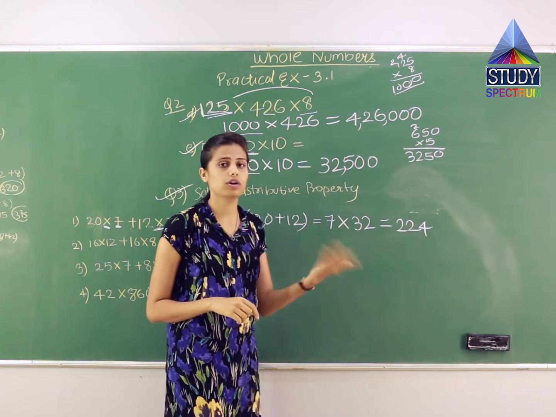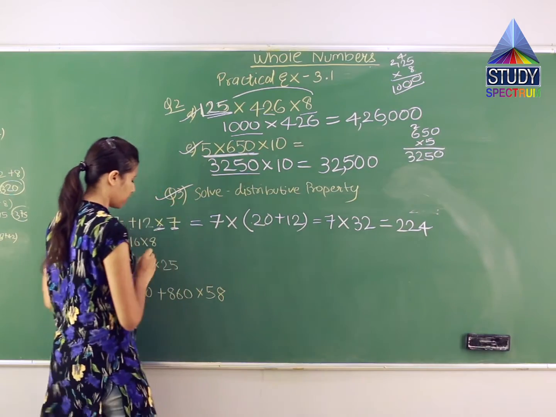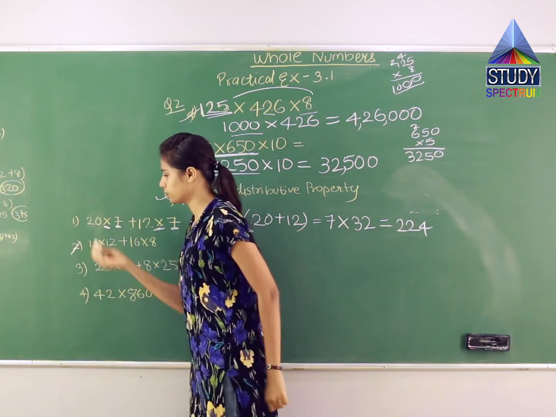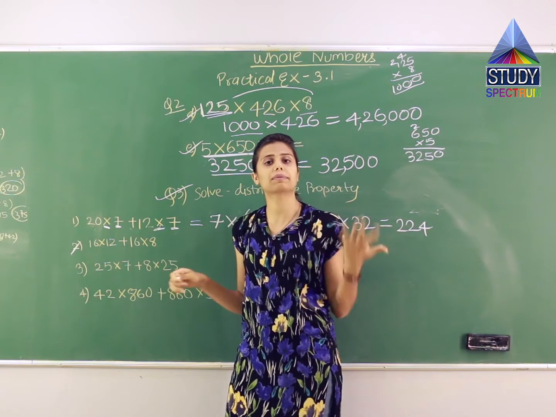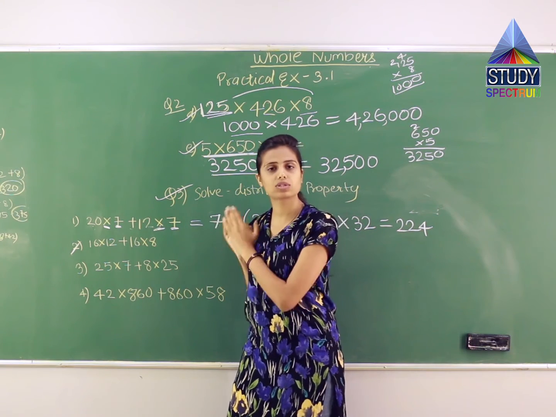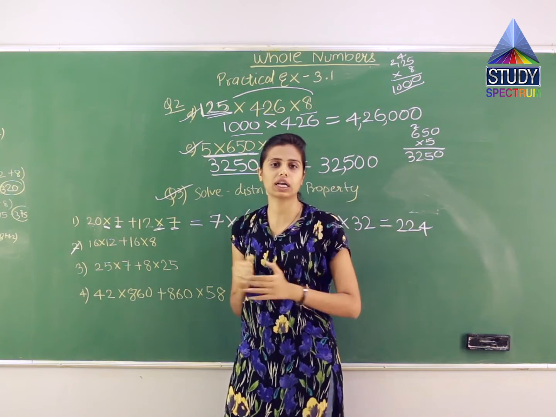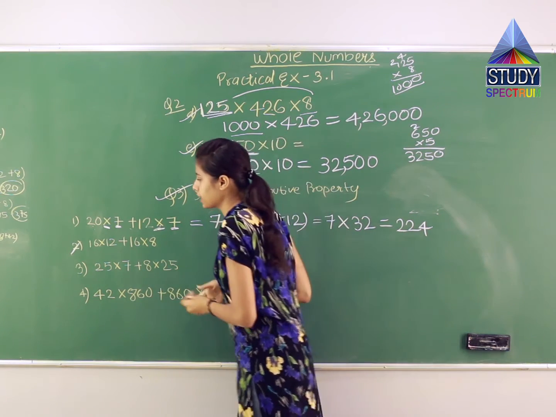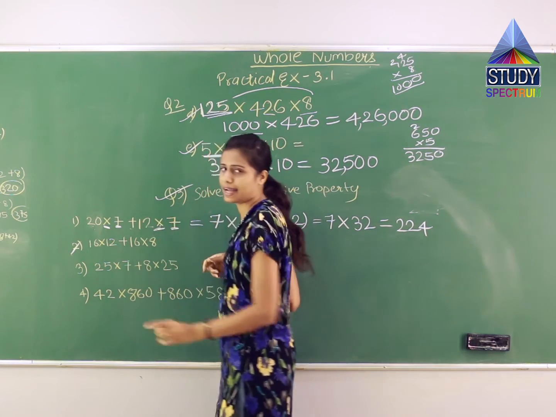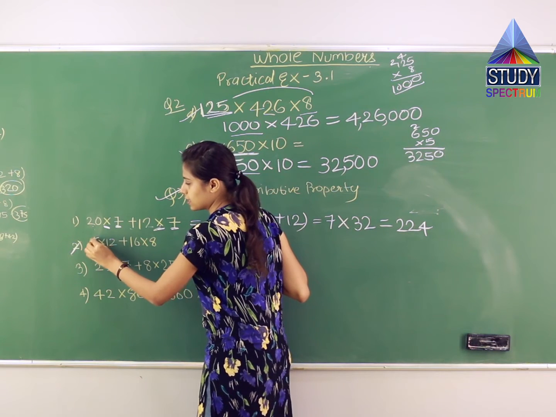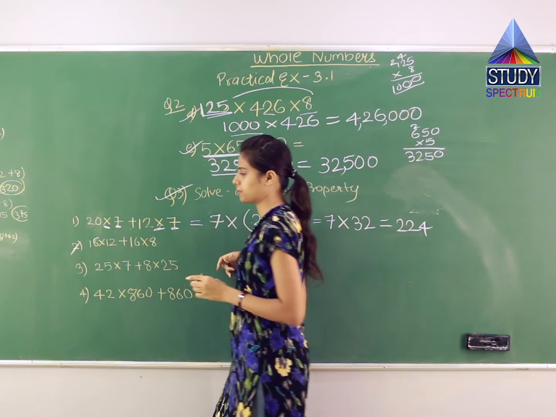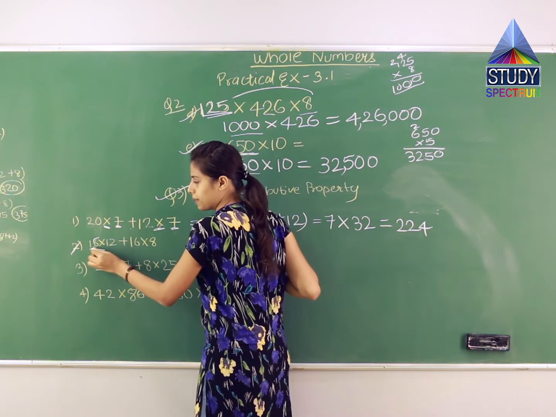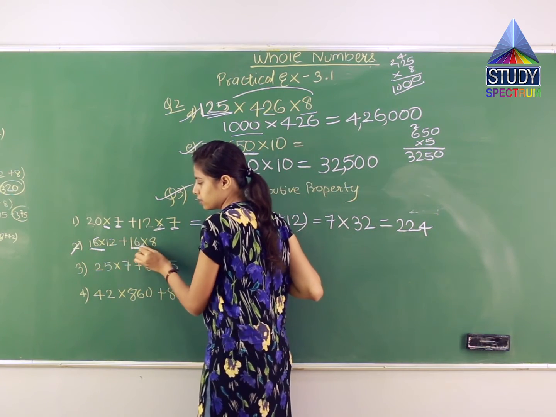Now let us move on to the next. Over here also what you have to do in this question, find the common. The numbers which are repeating in the sentence will be outside the bracket and the numbers which are not repeating will be inside the bracket. Tell me which two numbers and signs are repeating. What is this? 16, right? 16 multiplied by 12 plus 16 multiplied by 8. See, 16 and multiply are repeating, right?